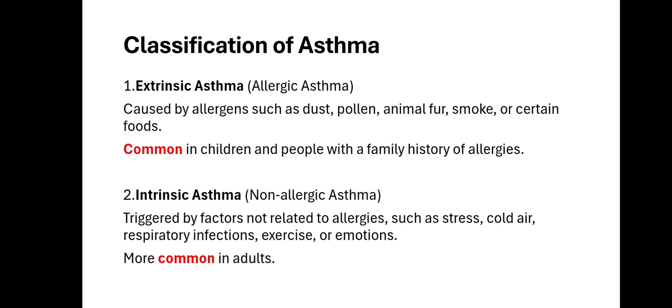So they get easily stimulated, and they are mostly exposed to these particular pollen grains because they are playing around and everything. You understand? They are all over, maybe exposed to smoke, just like that. Then we have intrinsic asthma. This one is called a non-allergic asthma. Why?